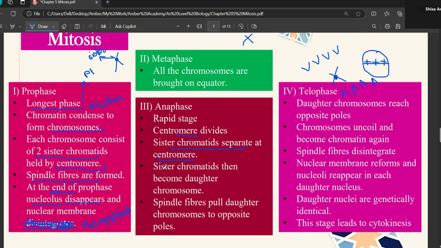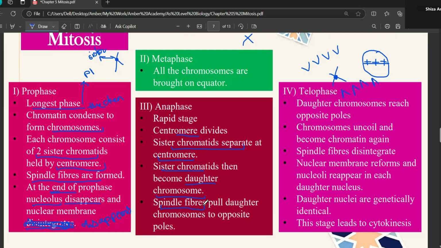And now your sister chromatids will be known as daughter chromosomes. As soon as they split up from the centromere, they form daughter chromosomes. That is, the ones that were sister chromatids earlier will now be known as daughter chromosomes. And there's this important function of spindle fibers which comes; a separate question comes for spindle fibers for 2 marks, and they ask you to write the function of spindle fibers.